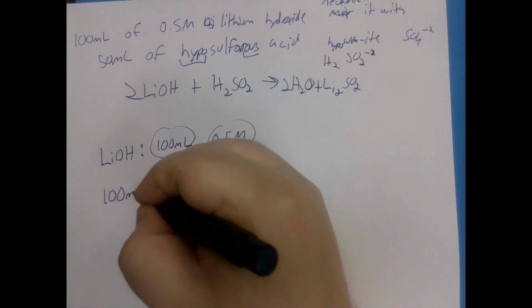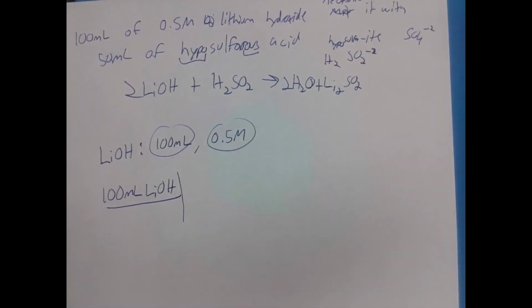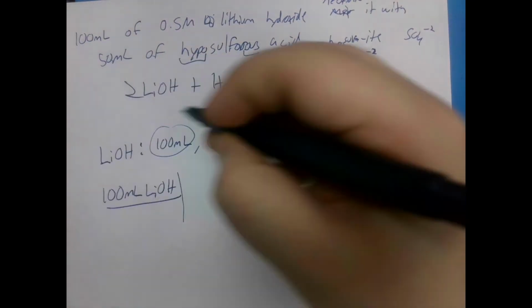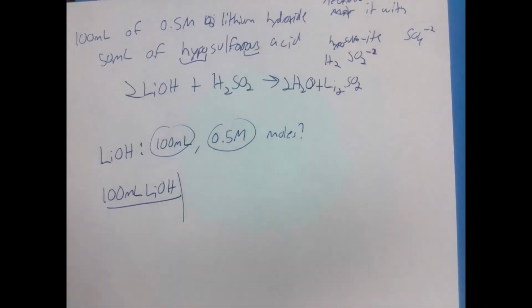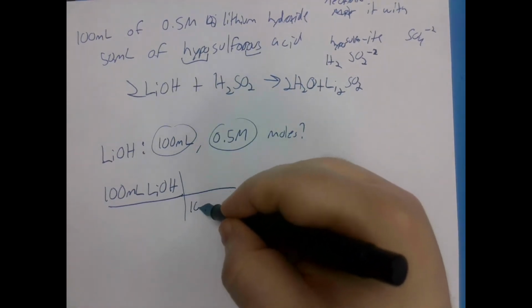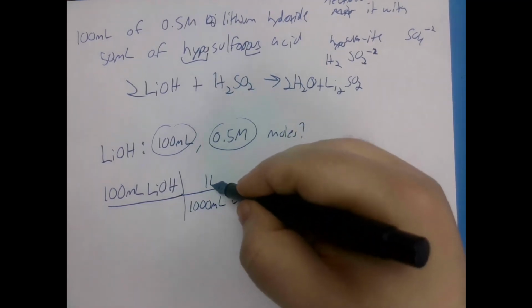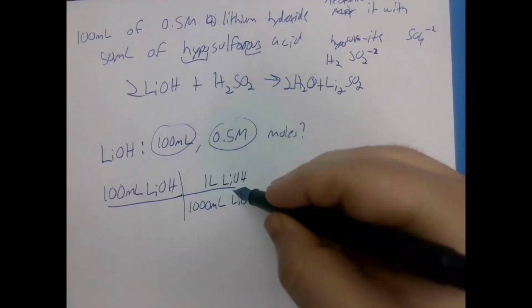So I have 100 milliliters of lithium hydroxide. And now do conversion factors, dimensional analysis until we get our answer. We're looking for moles. So go ahead and convert into liters. I know 1,000 milliliters of lithium hydroxide is equal to 1 liter of lithium hydroxide.